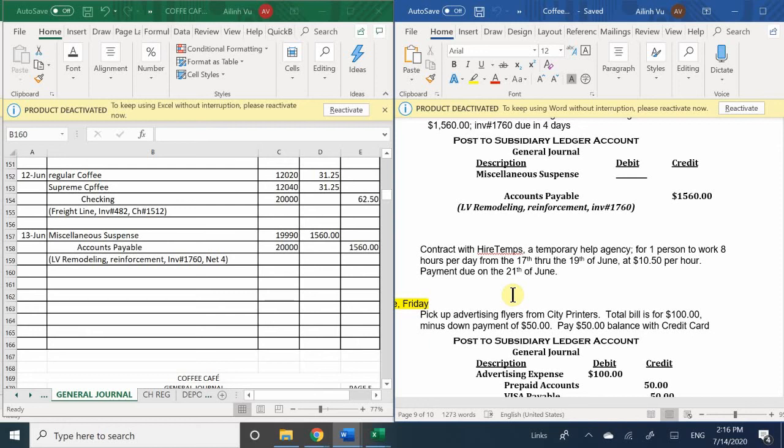No. We don't even know who this person is. We're just signing a contract to find somebody to work this position. And today is the 13th, and they have not even worked yet. So they haven't even started accruing any hours yet. So no, you do not need to record this. However, it is good to keep in mind because we will pay them on the 21st.